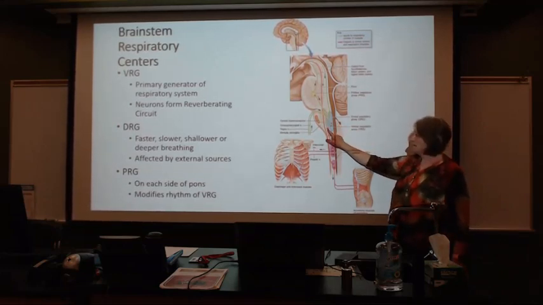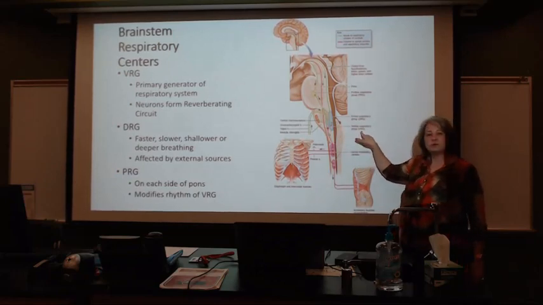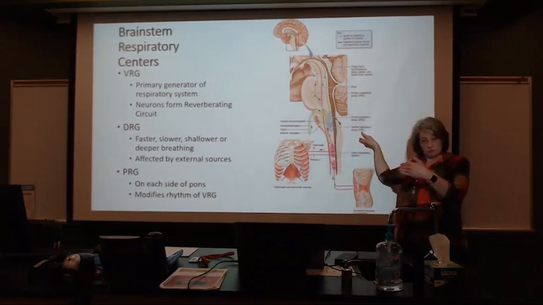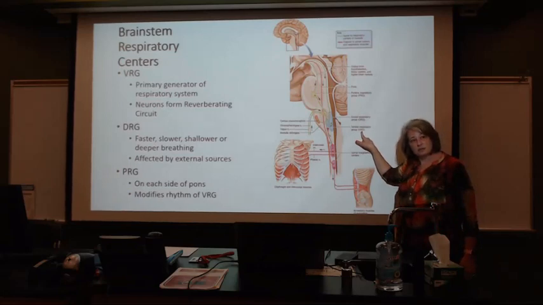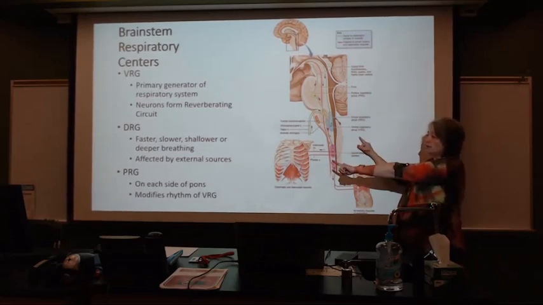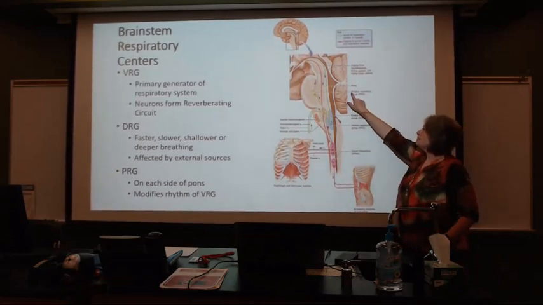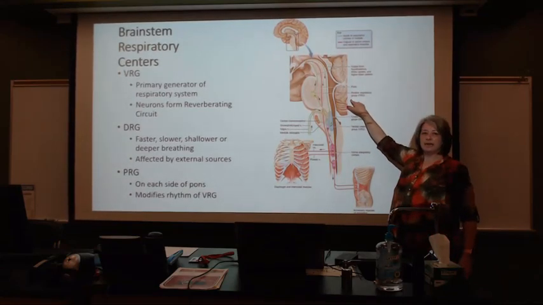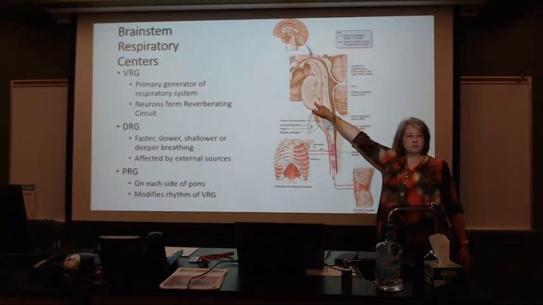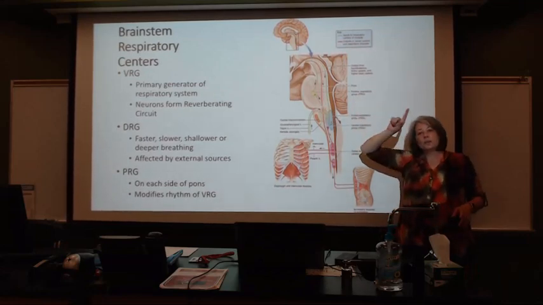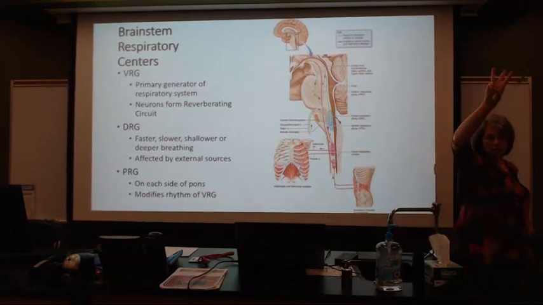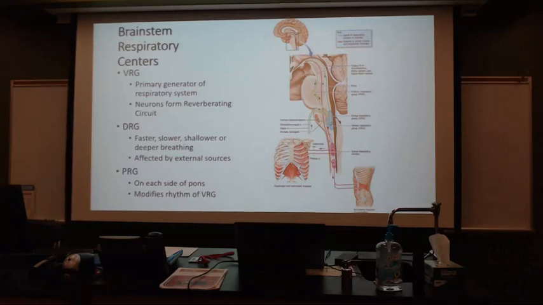I have my ventral respiratory group. Everybody agree, to the front? But then, what about P? P stands for pontine. Everybody remember the pons? So, I have these three groups that are going to work to make sure that I get to inhale and exhale based upon this circuit that got created.